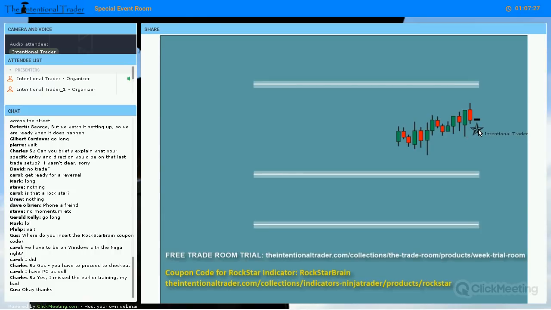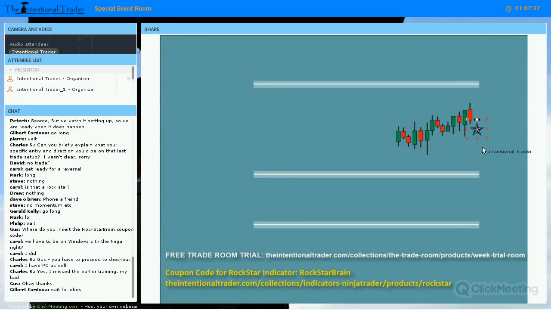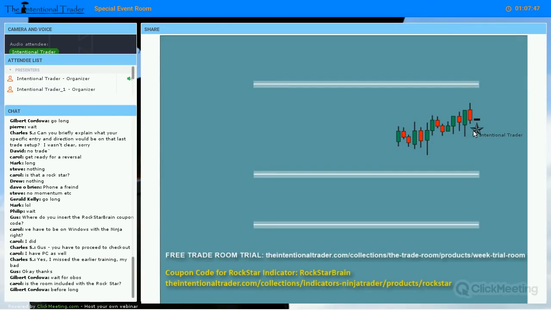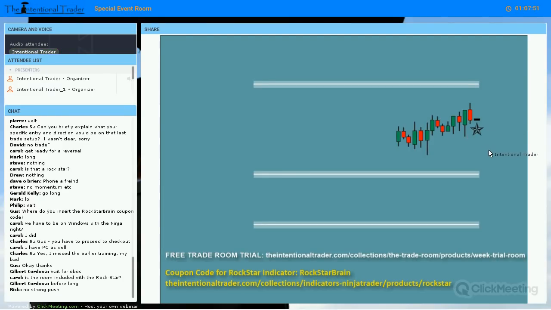Okay, so what's missing here for those people that missed this? This is suggesting that a confluence of events exists on this bar. Does that mean that this is a tradable setup?